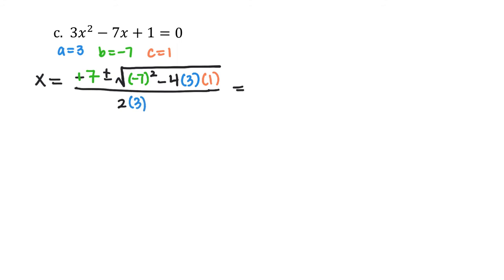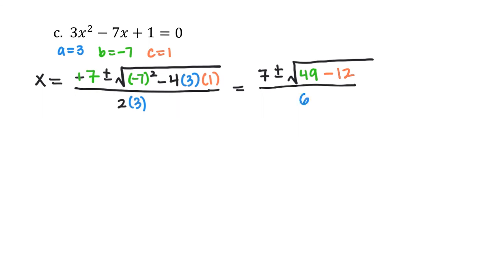Let's go ahead and simplify it. So that's 7 plus or minus. If you do -7 squared, -7 times -7 will be positive 49. So when you square a negative, you still get a positive. Let's see, minus 4 times 3 is 12. 12 times 1 is still 12. So minus 12. And then in the denominator, 2 times 3 is 6.